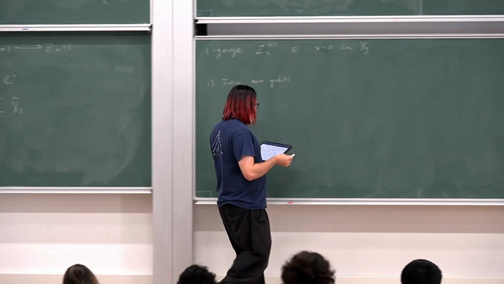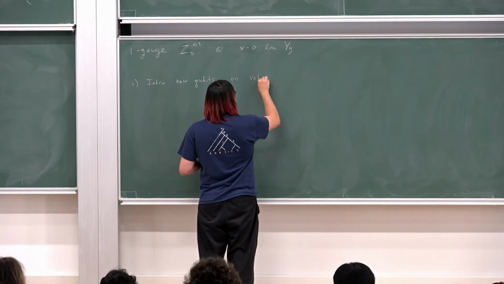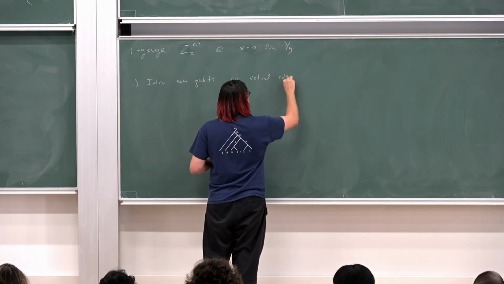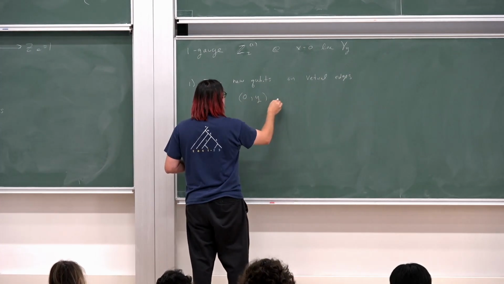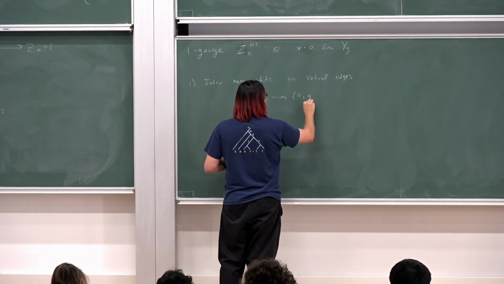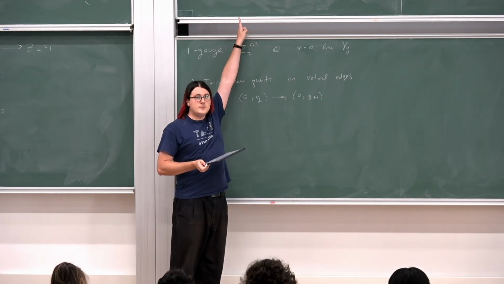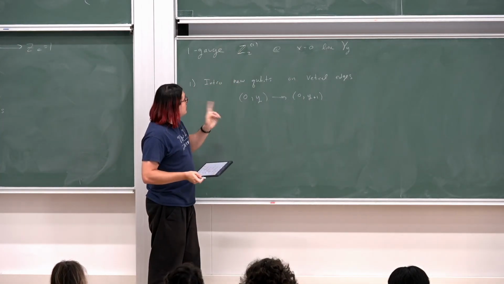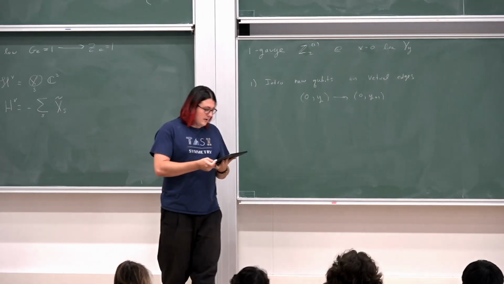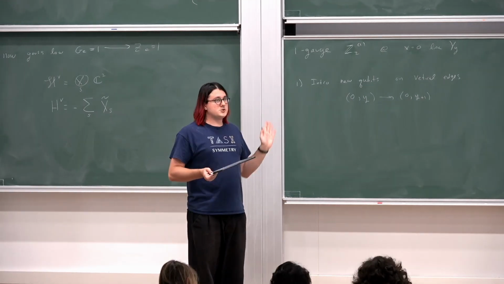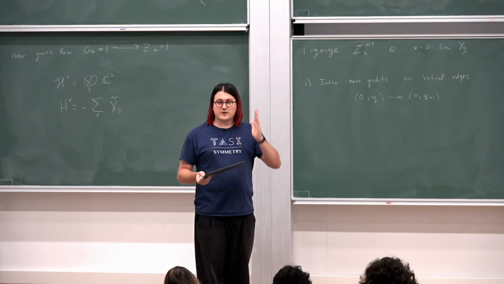So I'm going to introduce new qubits, and I'm going to introduce them on the vertical edges, connecting a site 0, y to the site 0, y plus 1. So on all the vertical edges where the defect lives, that's where the new qubits are going to live. There are no new qubits over here, for example. Okay, that's important. So we already see a big departure from ordinary gauging. We're not putting qubits everywhere, only along the defect we want to insert.